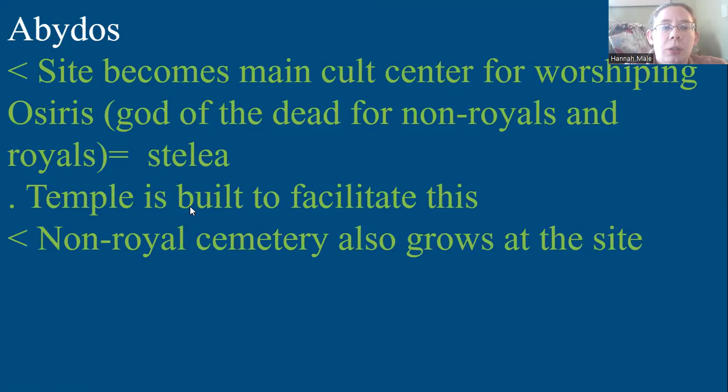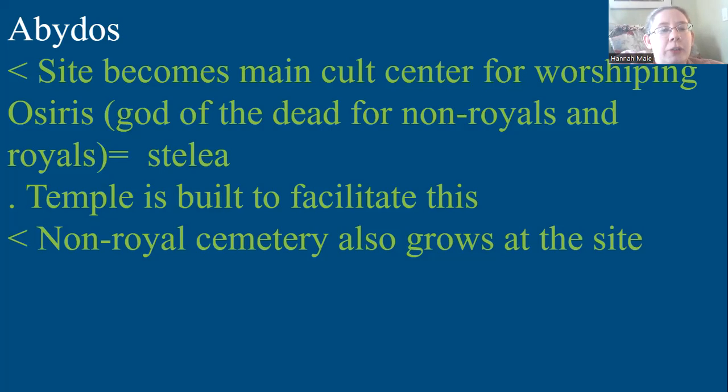So like I said, Abydos really becomes linked with the deity Osiris as the main ruler of the afterlife, and really the main deity that you want linkage with. And so part of Abydos also becomes reconceptualized as one of his burial spots.